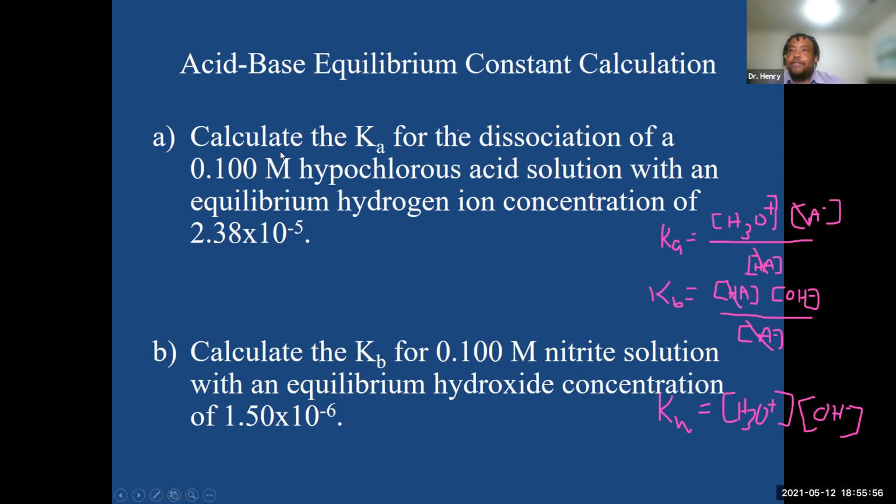Calculate the Ka for dissociation of a 0.100 molar hypochlorous acid solution with an equilibrium hydrogen ion concentration of 2.34 times 10 to the minus 5.